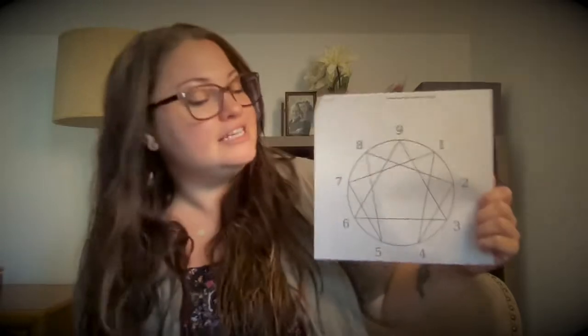Type 4 is called the tragic romantic or the individualist. It's sometimes called the artist. Type 5 is called the investigator or the observer. 6 is the skeptic or the devil's advocate, also called the loyalist. 7 is called the enthusiast or the epicure. And 8 is called the challenger or the boss.